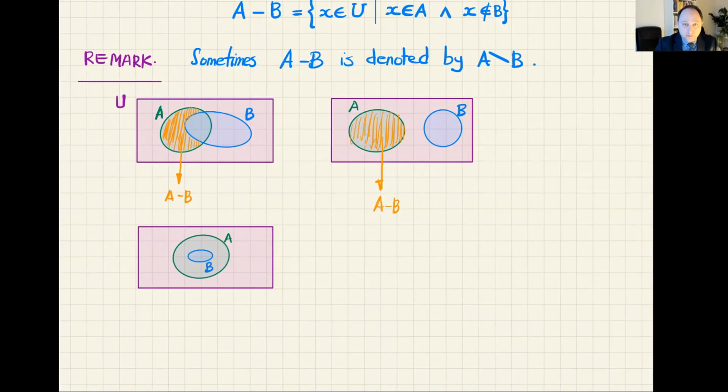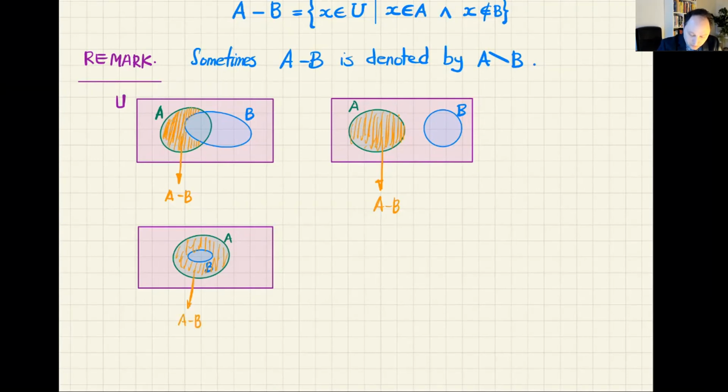Here in this picture, what is that? All those elements which are in A but not in B. It's like a donut. Yeah, it's like a donut, yes, exactly. So this becomes this part. So this is A minus B.